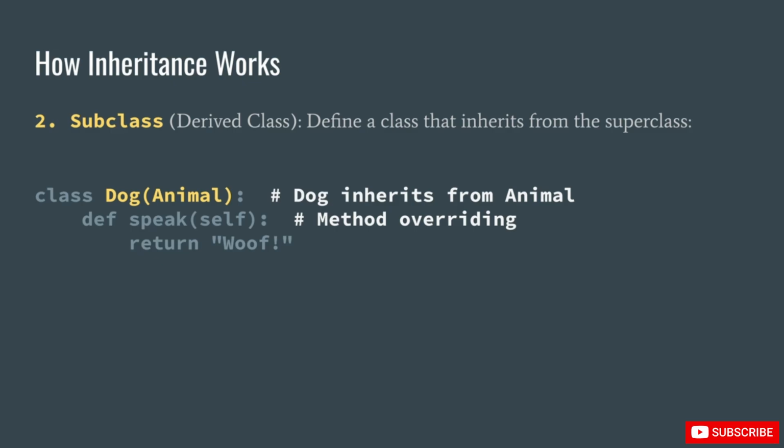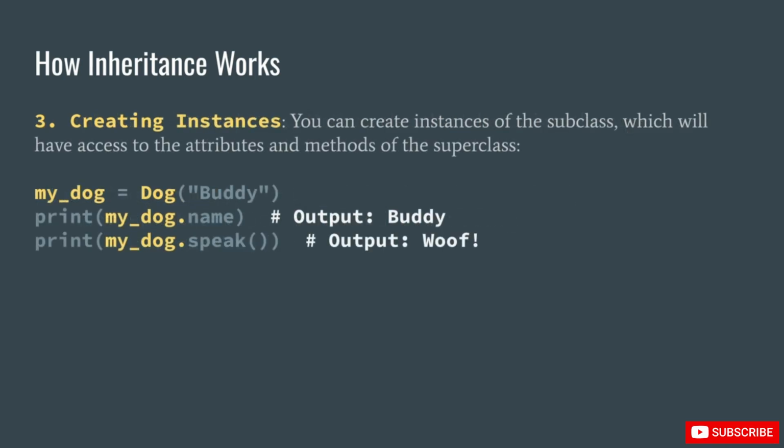Additionally, we override the speak method in the dog class to provide a specific implementation. Finally, we can create instances of the subclass, which will have access to both the attributes and methods of the superclass. The subclass instance not only retains the inherited behavior from the superclass, but can also have its own specialized implementations, enabling a rich and flexible design in our code.